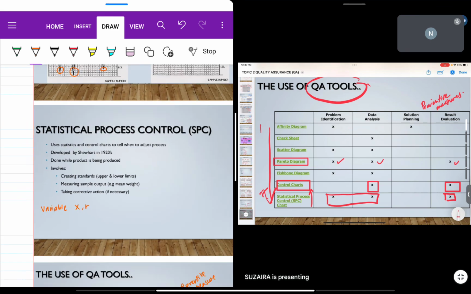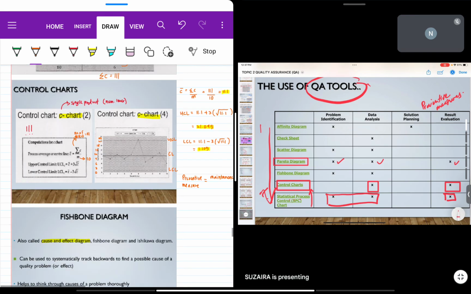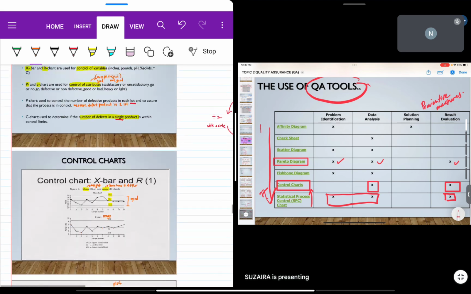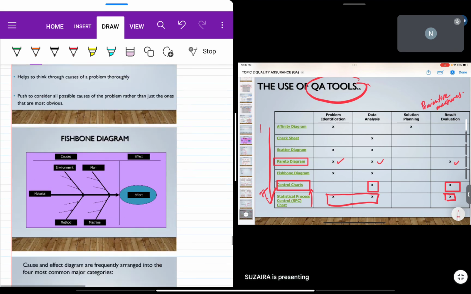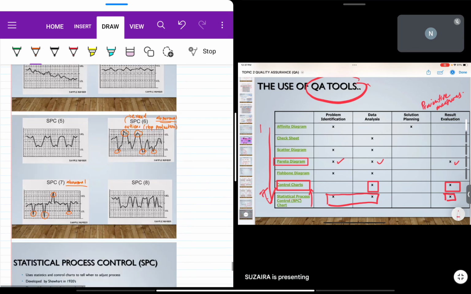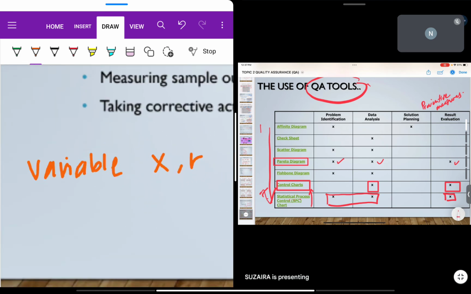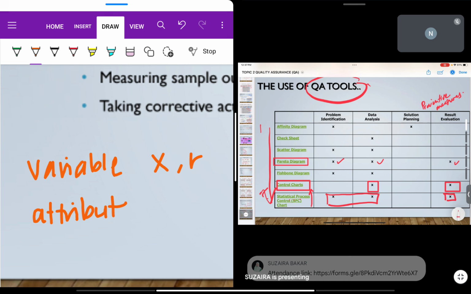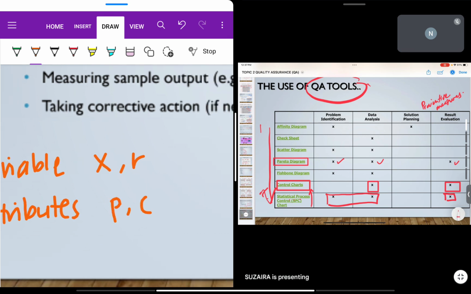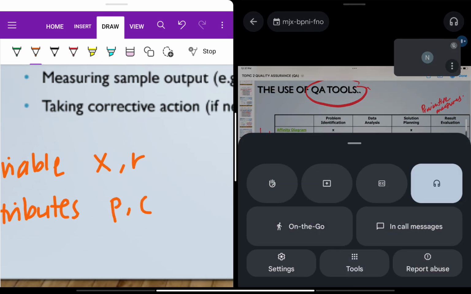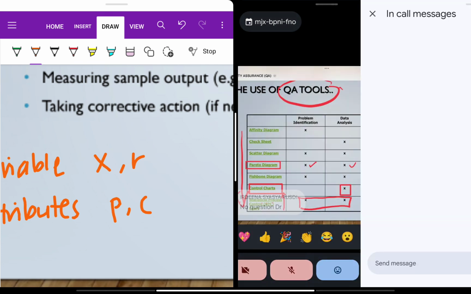Okay, you need to do the calculation at home for C chart and P chart. Okay, don't forget to fill up the attendance form here. Just attach one more time. Okay, is there any question about the tools? Any questions? Okay, all right.